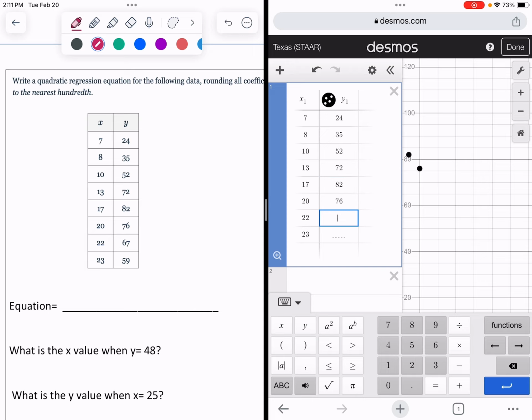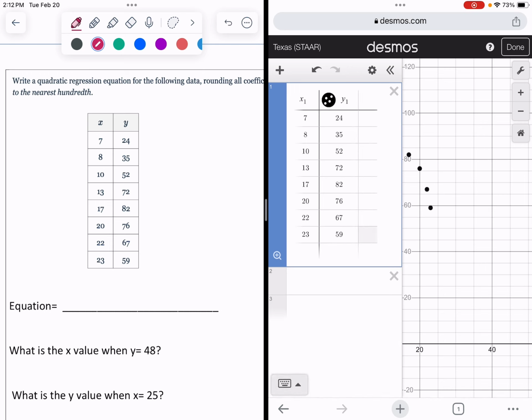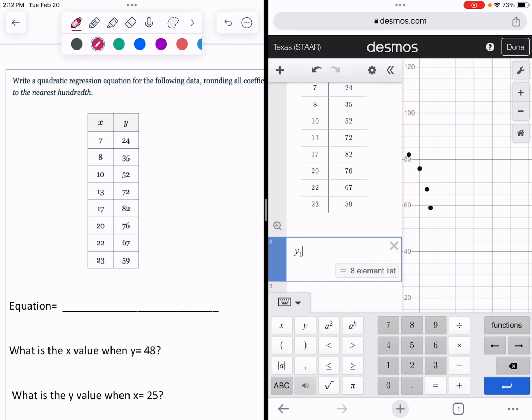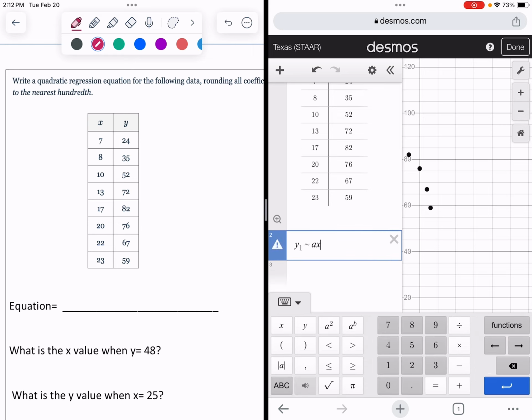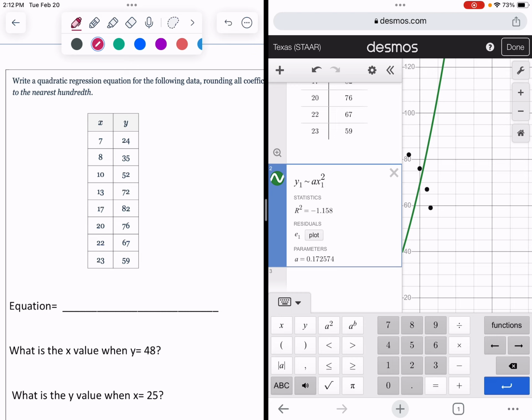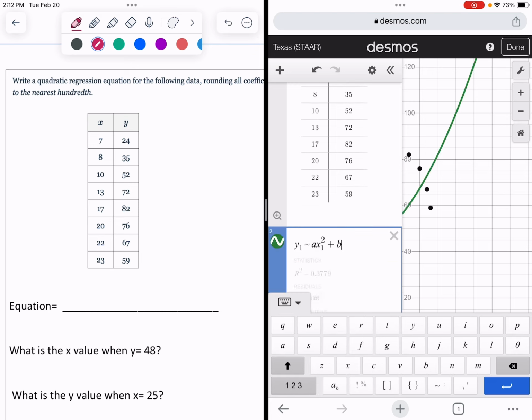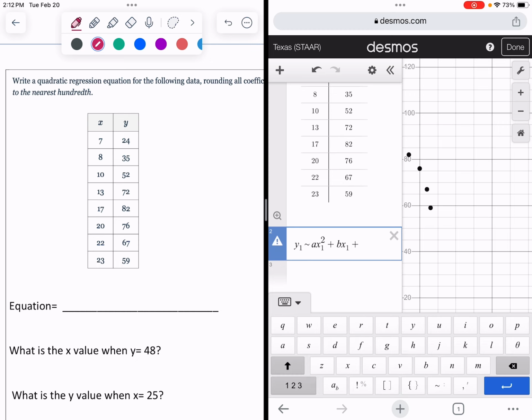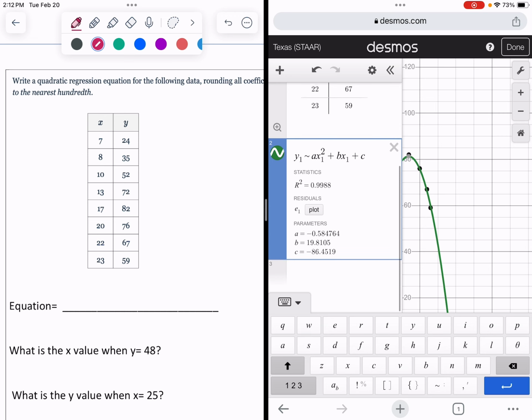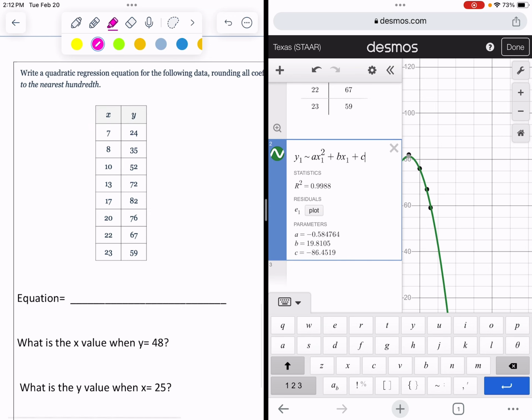That's the most tedious part. And then y1 tilde a x1 squared plus b x1 plus c. So this time they said nearest hundredth. That's 2 decimal places.